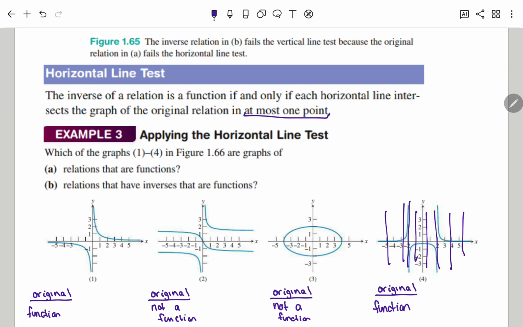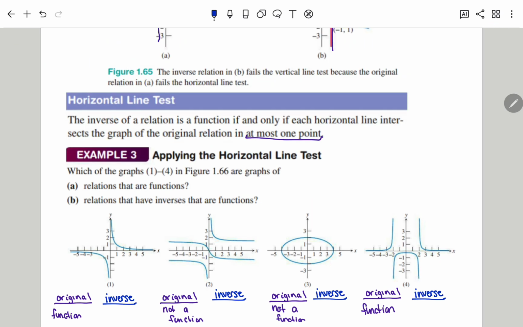Now we're going to go through and look at the inverse of each of these. When we're looking at the inverse function, this is when we're doing the horizontal line test. So the first one passes, it's a function.